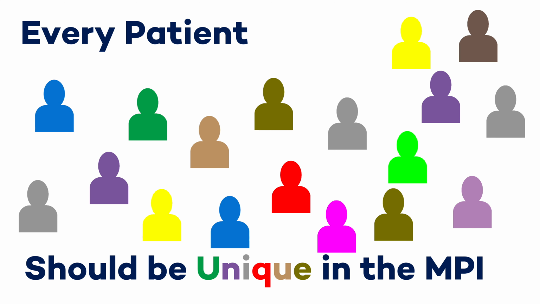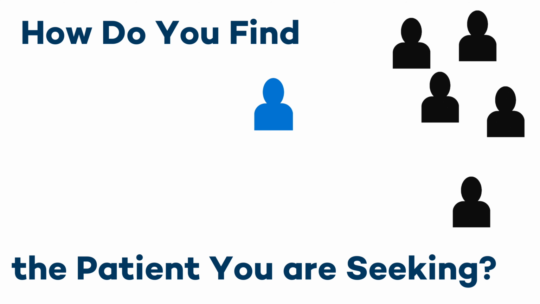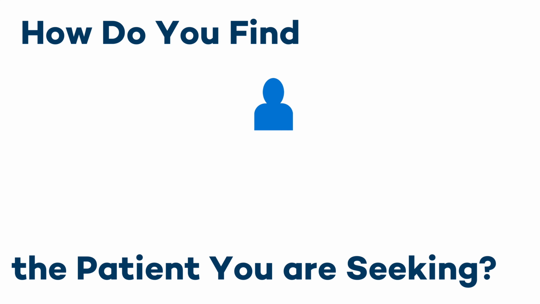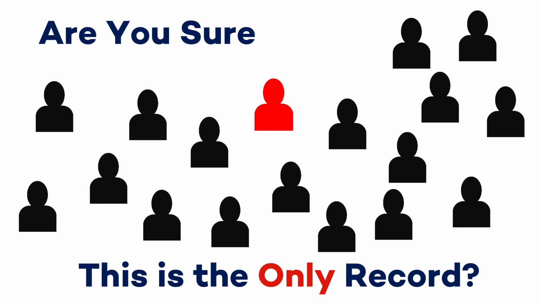But how confident can we be that the patient record we found is actually the correct one? How can we be sure that this record does not belong to another patient? Can we really be sure that we found all of the patient's records?